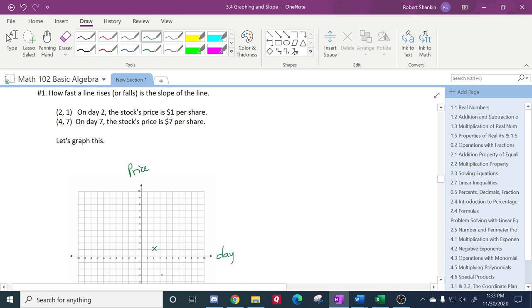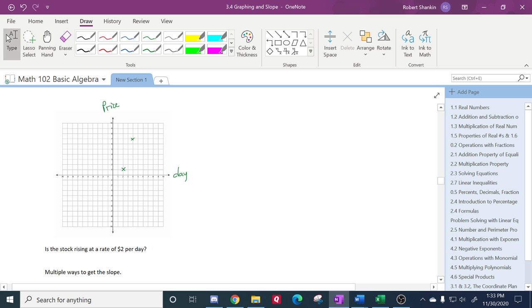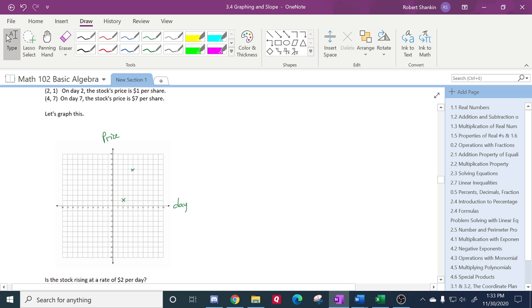At that point. 4, 7. On day 4, it's worth $7 per share. It's this point. Okay. The question is, is the stock rising at a rate of $2 per day?